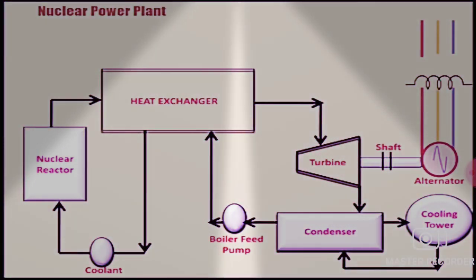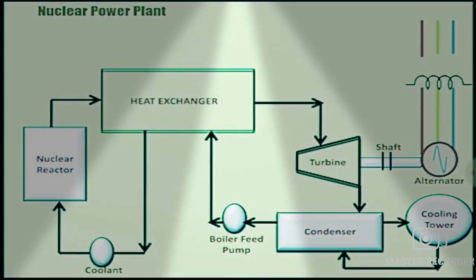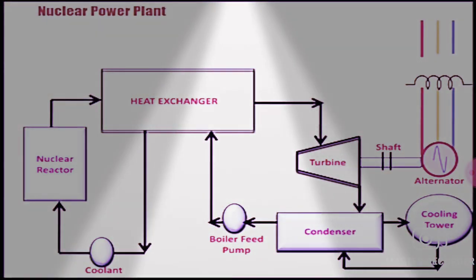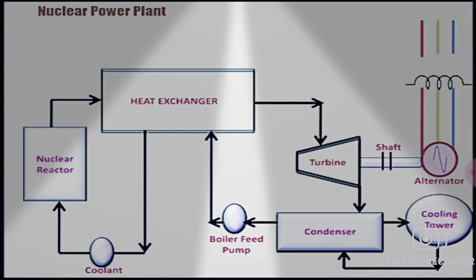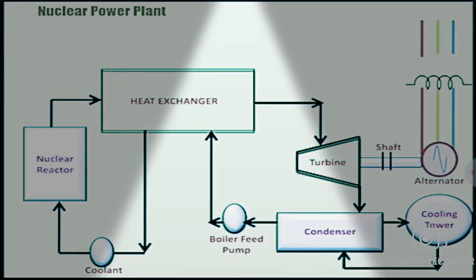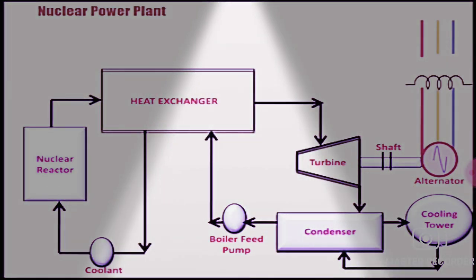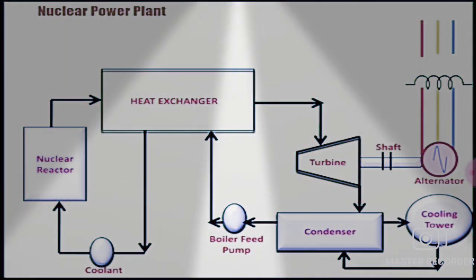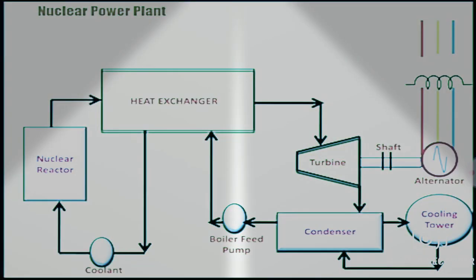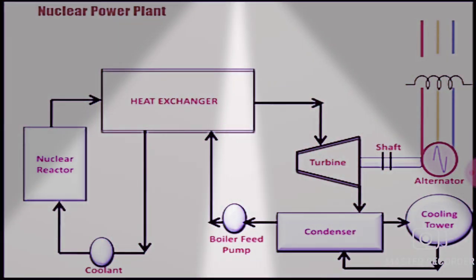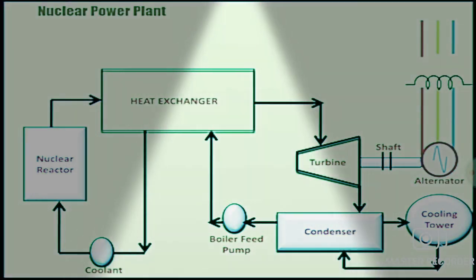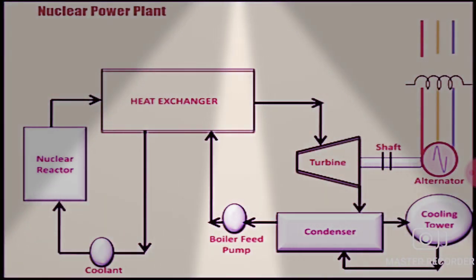In a nuclear reactor, fusion of atoms takes place. This fusion process liberates a large amount of heat. This heat is taken up by the coolant circulating through the reactor core. After that, the hot coolant leaves at the top and then flows through the tubes of the steam generator and passes heat to the feed water. Then the steam produced is expanded and is used to drive the turbine, which is coupled to an electric generator or alternator as in a conventional power plant to produce electricity.